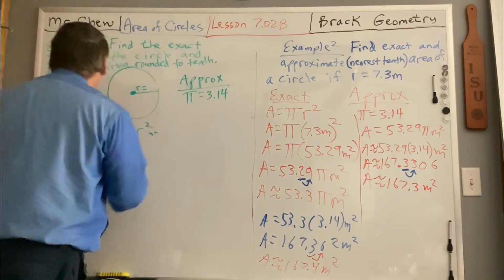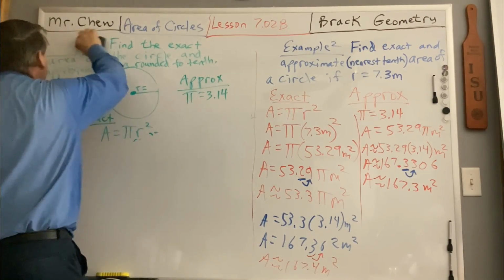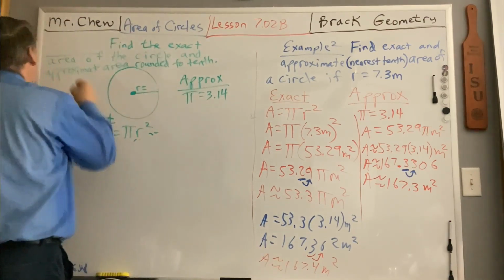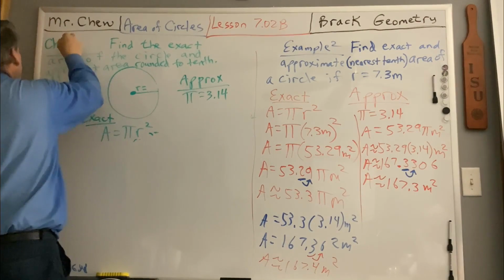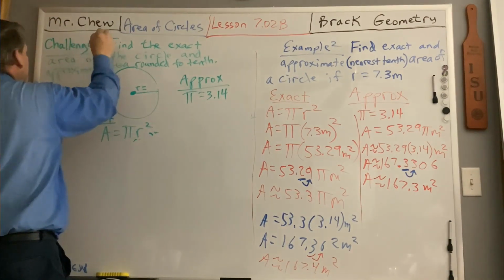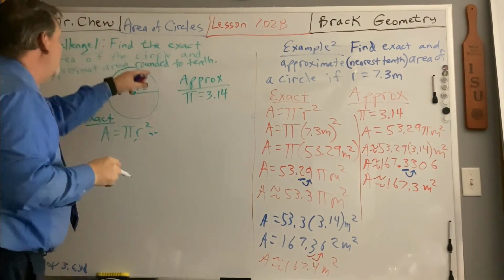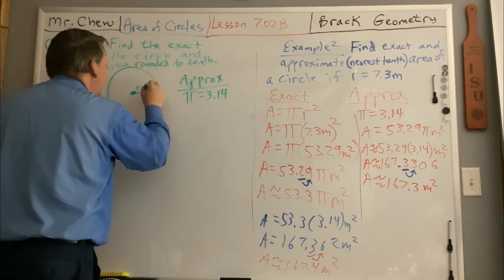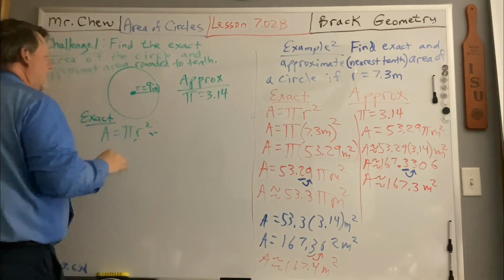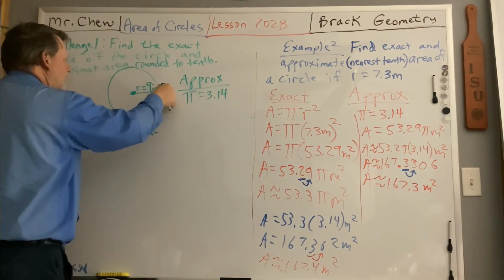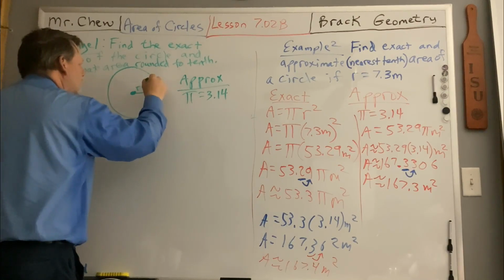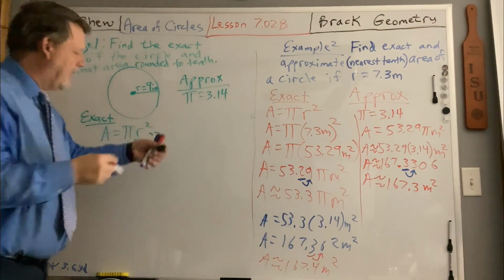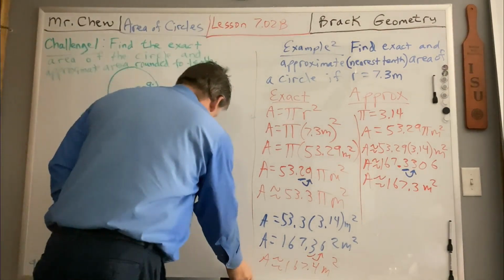So in challenge 1, you're still finding the area of this circle, and it's 9 inches. A circle with a radius 9 inches, find exact and approximate.